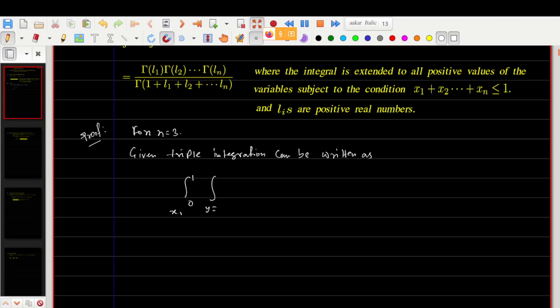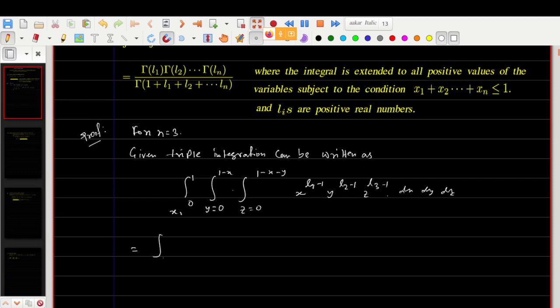Since we are in three variables, I shall use x, y, z coordinates, with z equals 1 minus x minus y: x to the power L1 minus 1, y to the power L2 minus 1, z to the power L3 minus 1, dx dy dz.